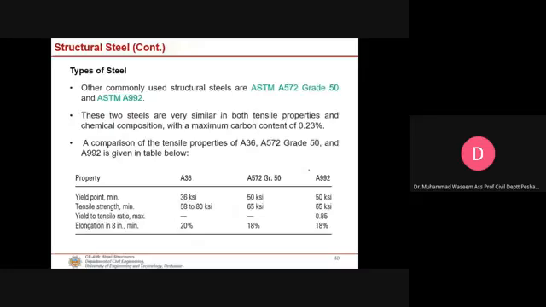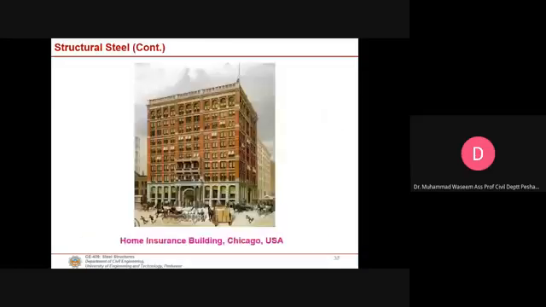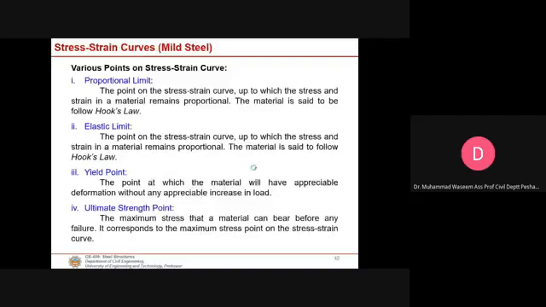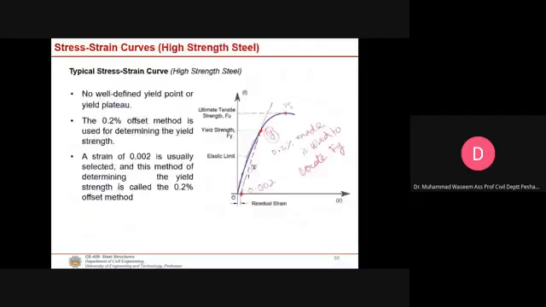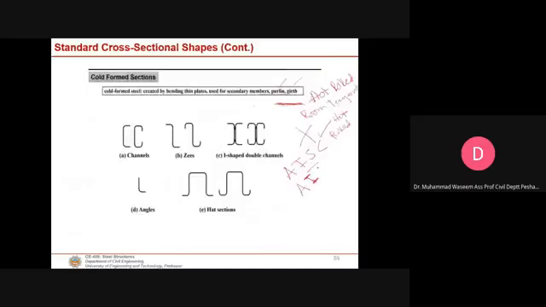I also cannot remember its name. I'm sorry. This one. AISI. This is for cold form steel sections. Yes, AISI. This is for cold form members. Okay.